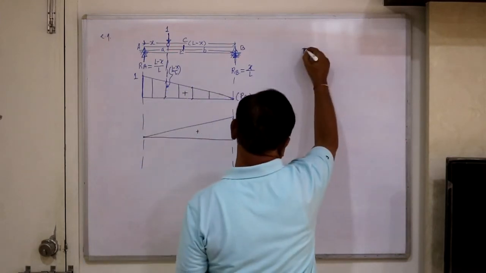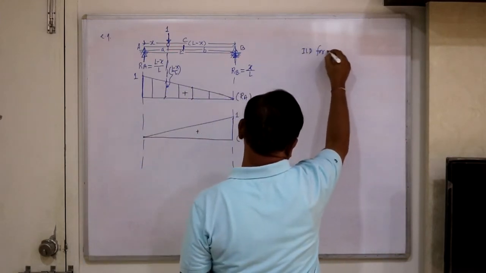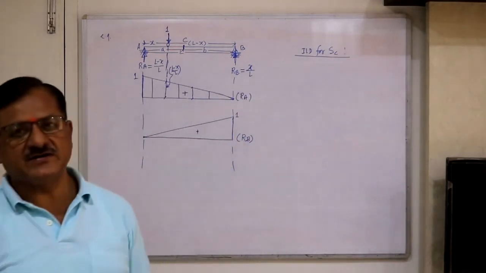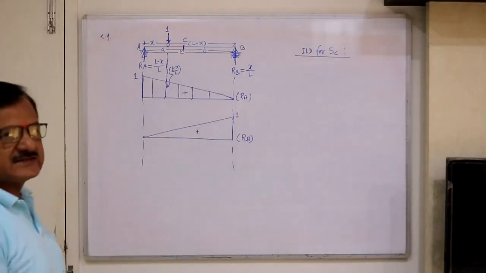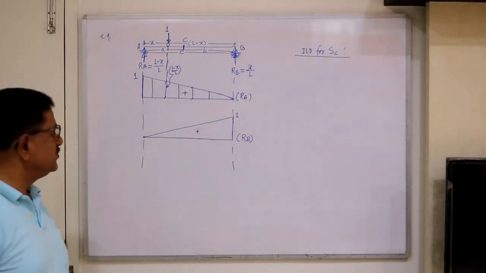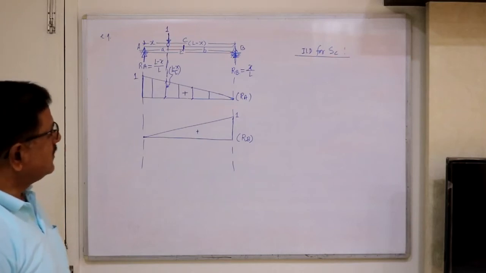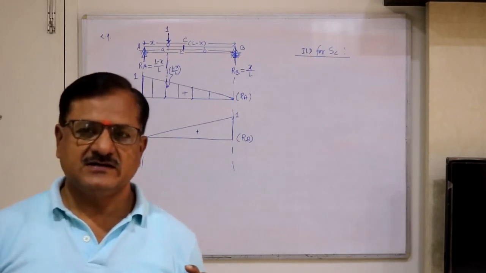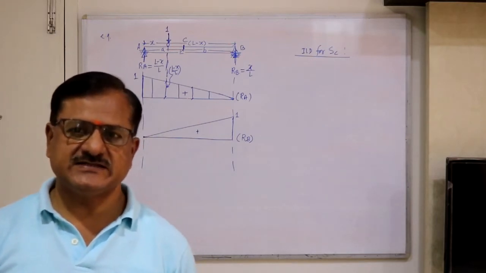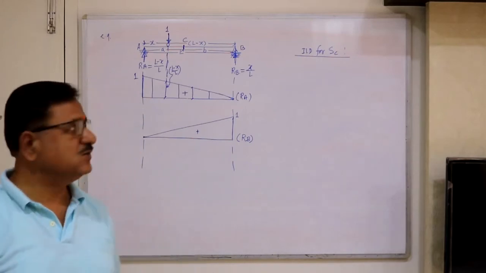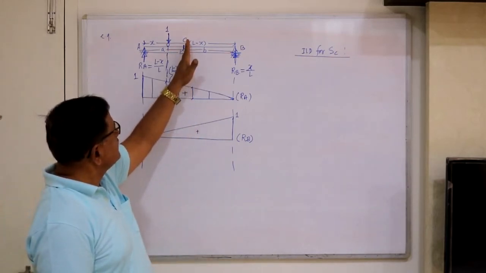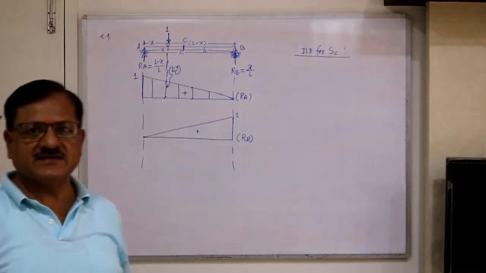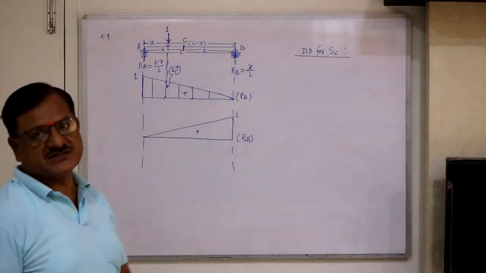Now I want to construct the ILD for SC, that is, the shear force at C. Let's consider SC as the shear force at point C. First let's find the expression for shear force at C for various positions of the unit load. C is a given section where we want to find the shear force.